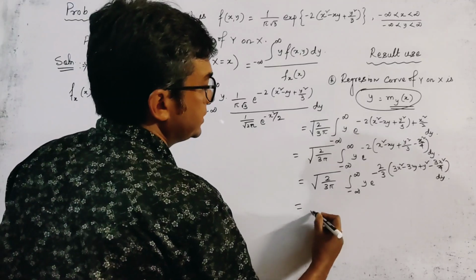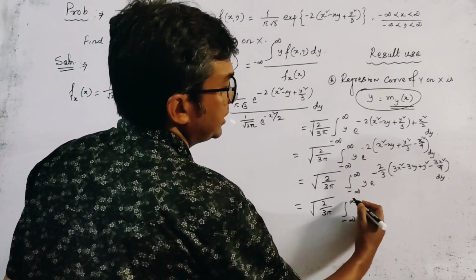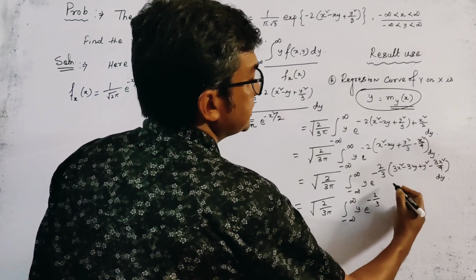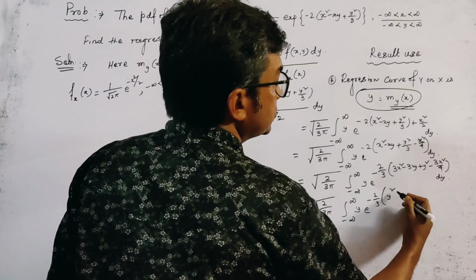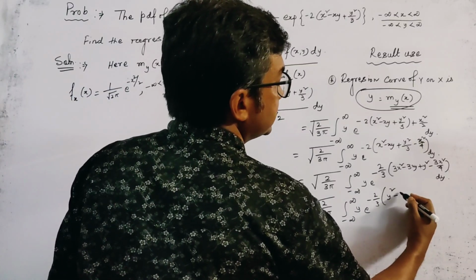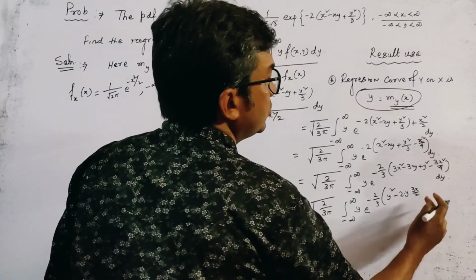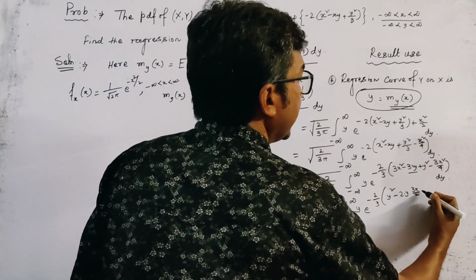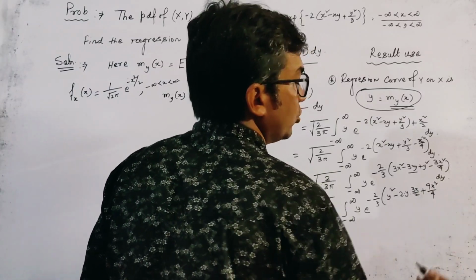Okay, and this is given by root 2 by 3 pi integration minus infinity to infinity y into e to the power minus 2 by 3, and from here we write y square minus 2 into y into 3x by 2, because here 3xy is present. Now we add plus 9x square by 4.